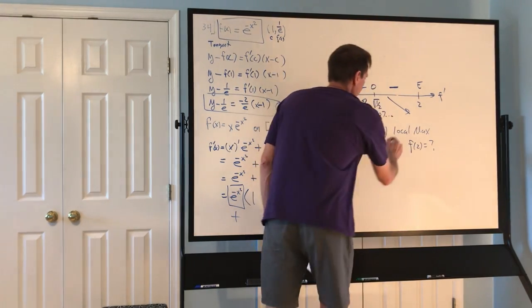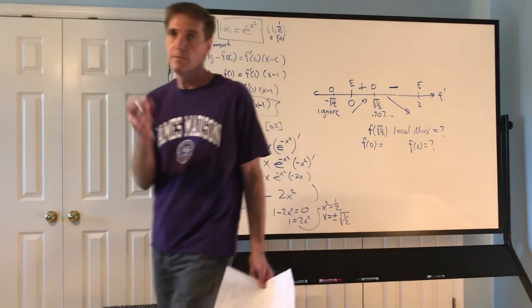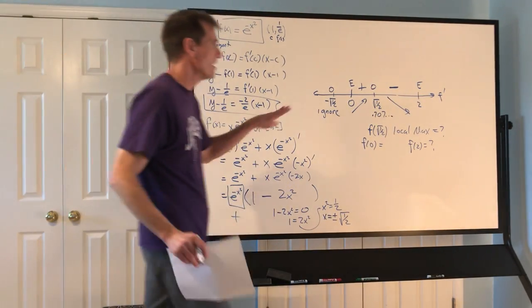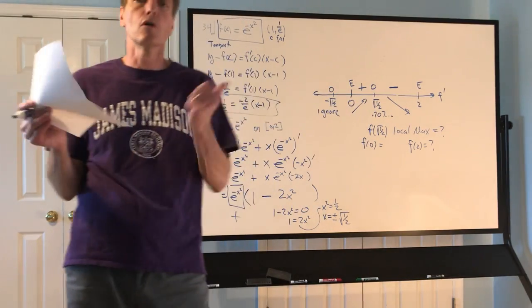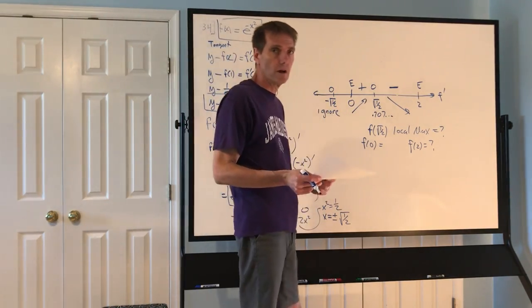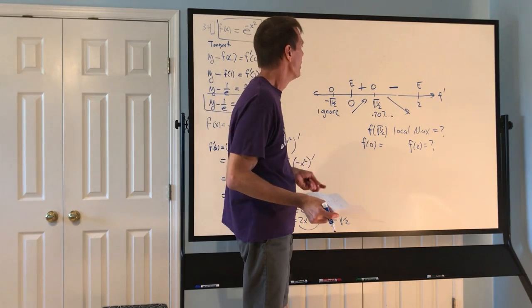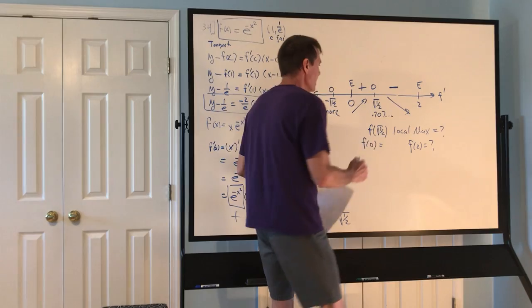So I've got to figure out the numerical values of all these, put them in the octagon. The biggest one's the global max. The smallest one is the global min.